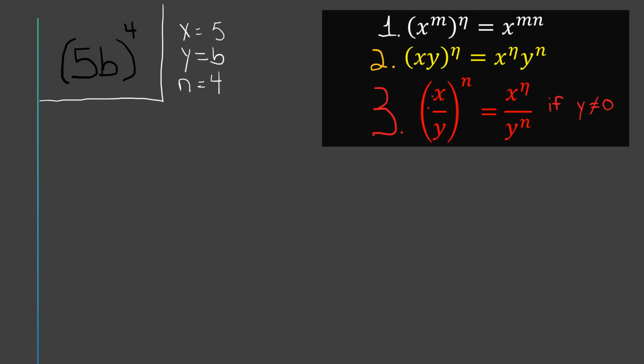So let's go ahead and rewrite it and put everything in as it should look. 5b to the 4, which equals 5 to the 4 times b to the 4.